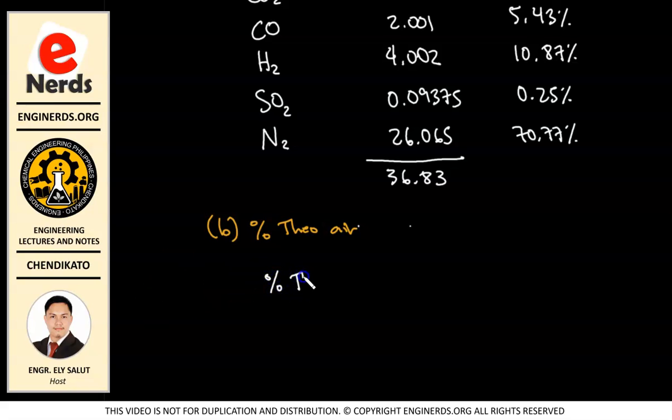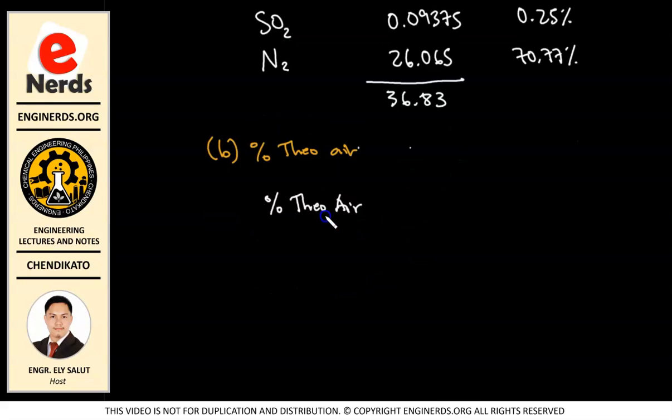Percent theoretical air is equal to the O2 supplied from the air over the O2 theoretical. You remember we calculated how much O2 is required for complete combustion, and the O2 in air is the actual air supplied. This is multiplied by 100.